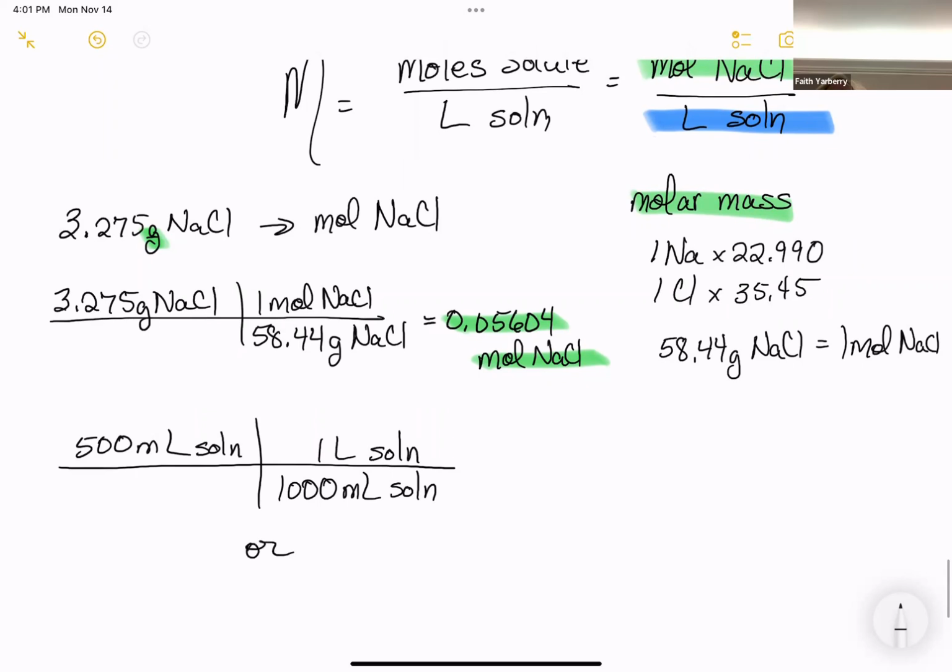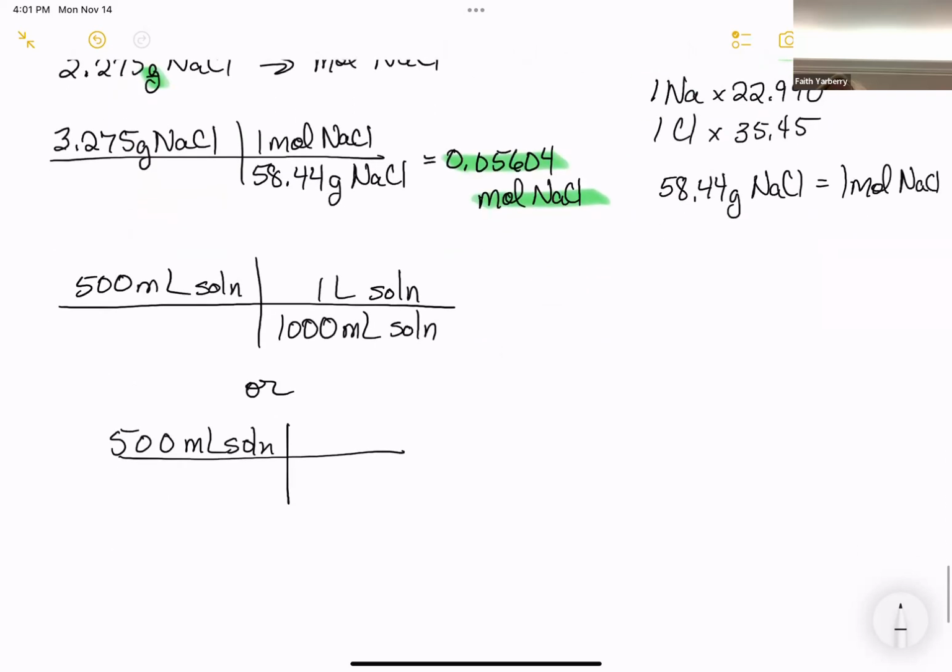Or you can use the original conversions I gave you, where 1 milliliter is 1 times 10 to the minus 3 liters. Either one would give you the same answer, which comes out to be 0.500 liters of solution.